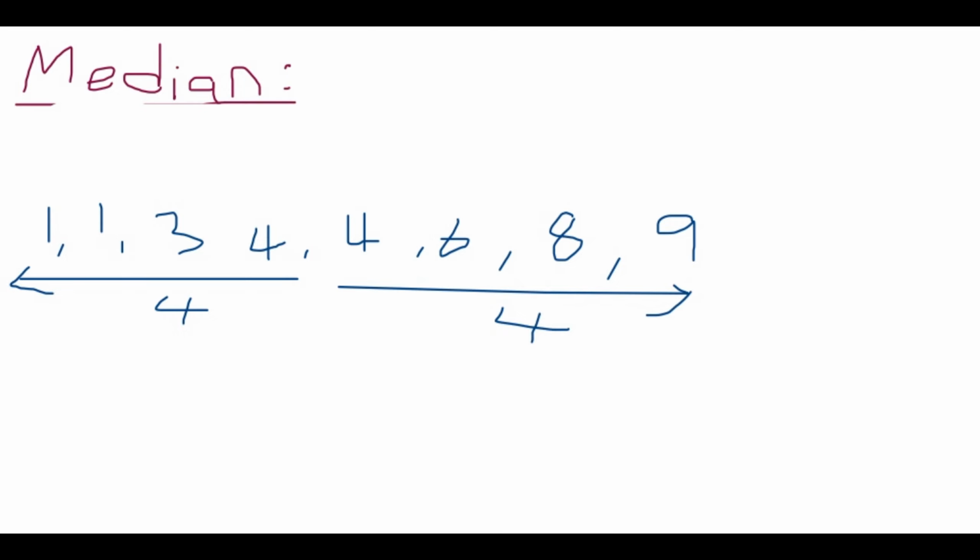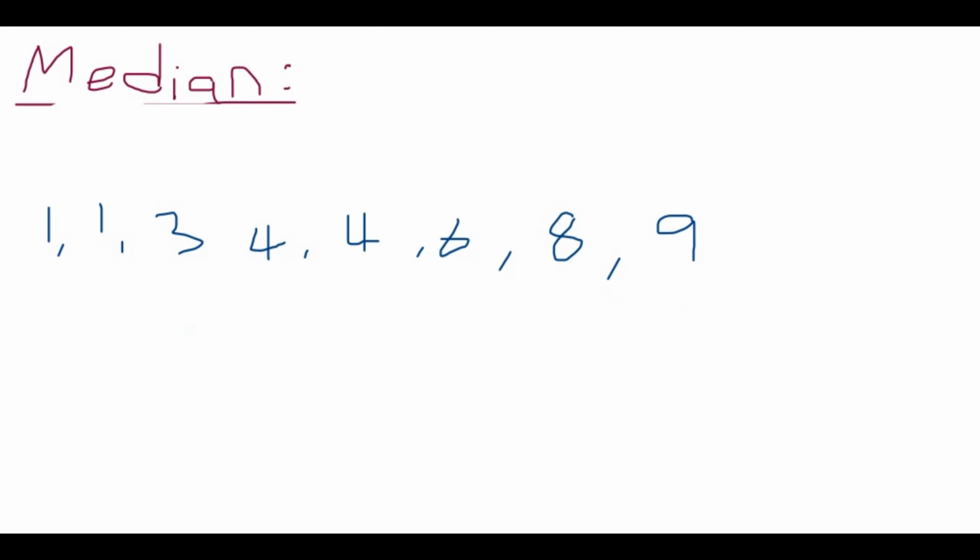So we can't pick a number from here since there is no number there. In this case, what we do is we observe that there are two numbers at the center, 4 and 4, and this way there are three numbers, and this way there are also three numbers, so it's balanced since we took 2 from the center.